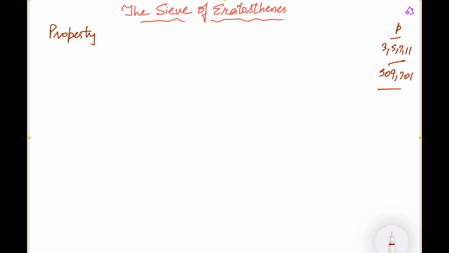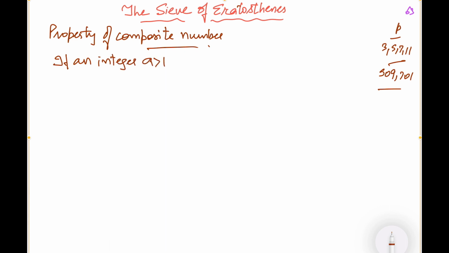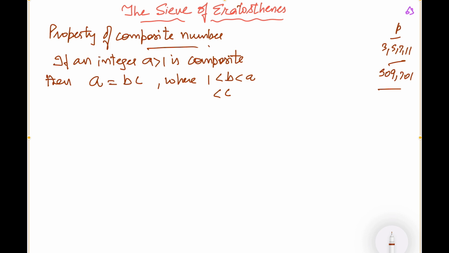a property of composite numbers, that if an integer a strictly greater than 1 is composite, then a may be written as a product bc, where both b and c are non-trivial divisors of a.